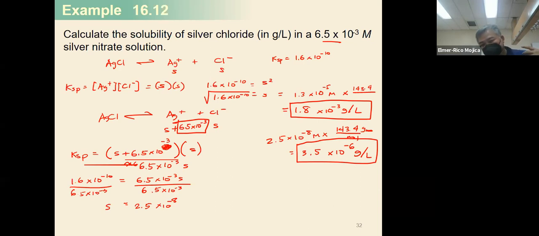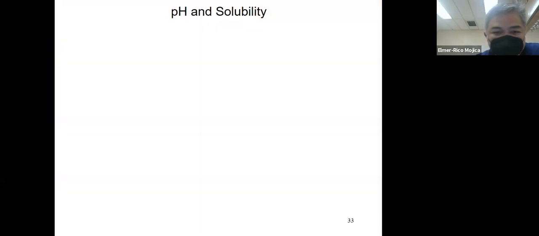Now, if the solubility is affected by, let's say, the common ion, what is the effect on the other hand of the pH? Well, it depends. How do you think pH affects the solubility? Does it increase solubility?